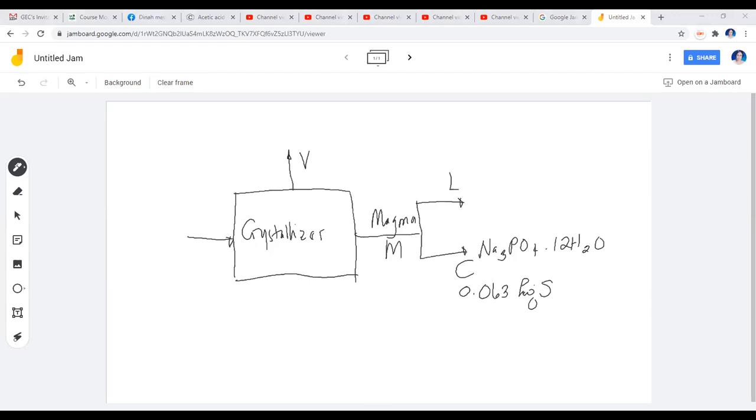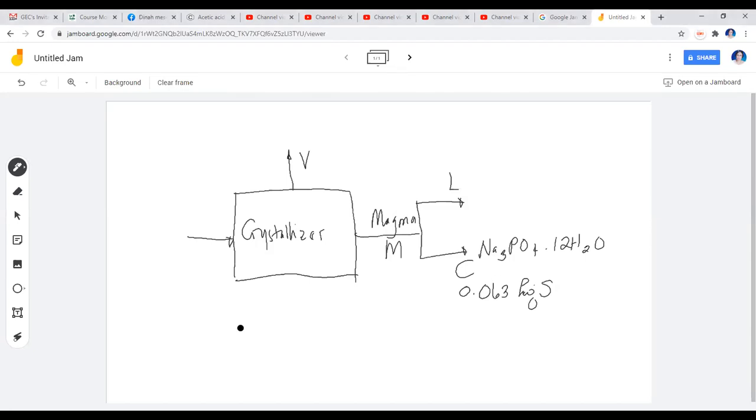It says here that the required product rate of crystals is 0.063 kilograms per second. So that's the output that is being required, so the problem is now asking what should be the length of such a crystallizer that will be producing that much of crystals.